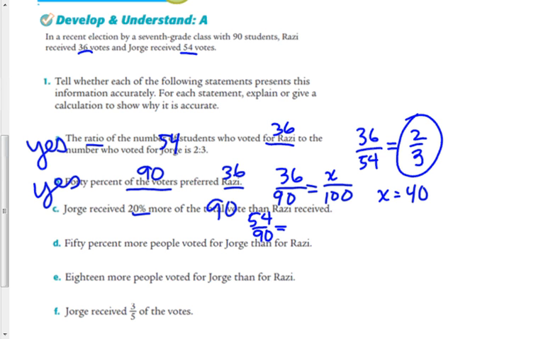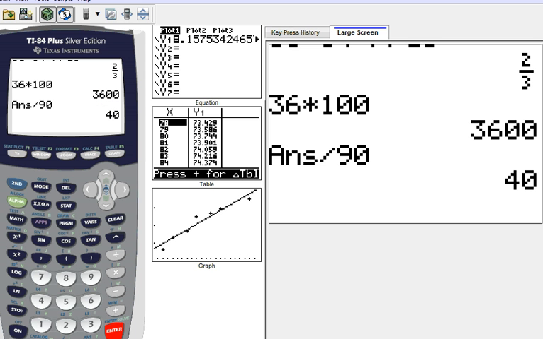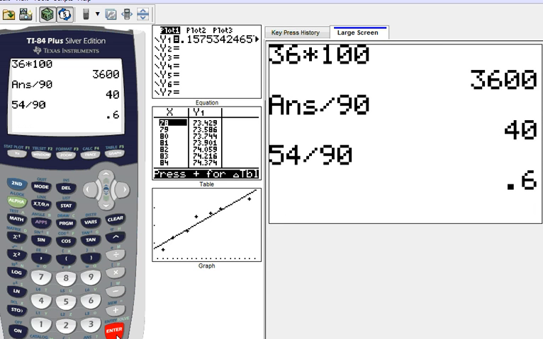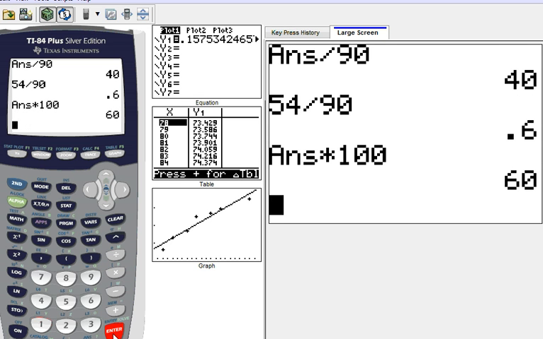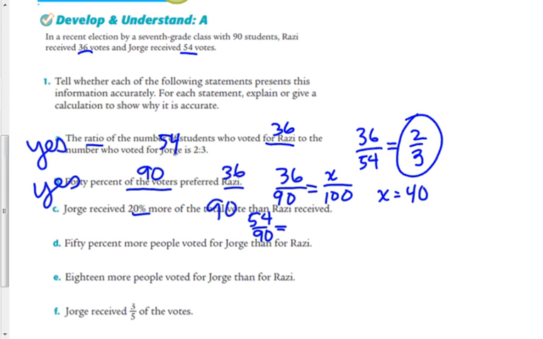A quick way to change that to a percent is we can just do 54 divided by 90, look at that ratio as a decimal and then change it to a percent, which is just moving the decimal over 2 places or multiplying by 100. So that's 60%.